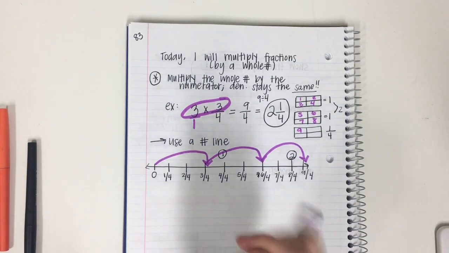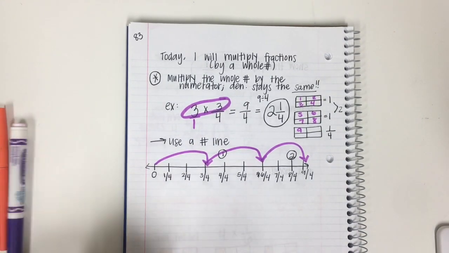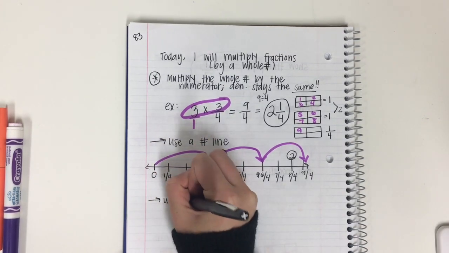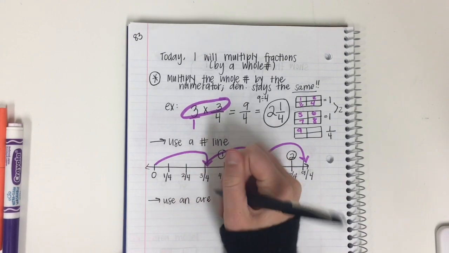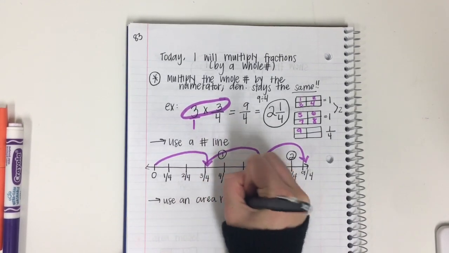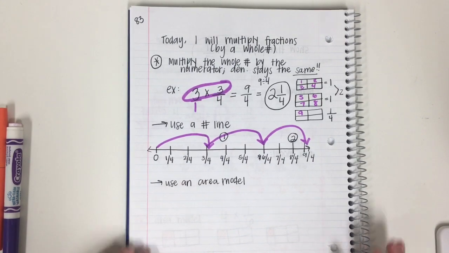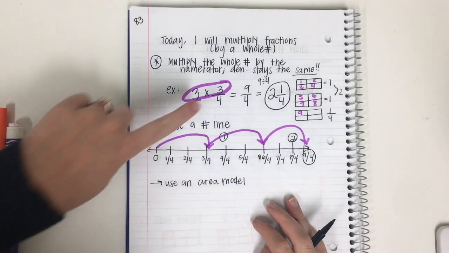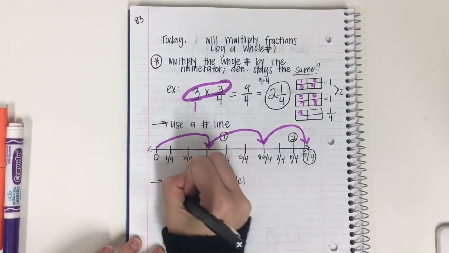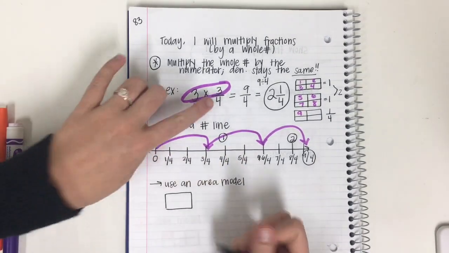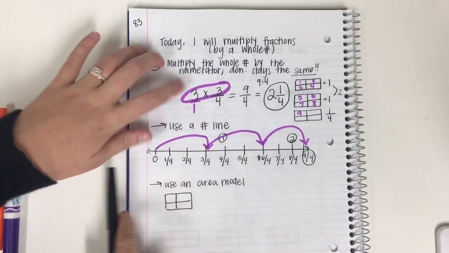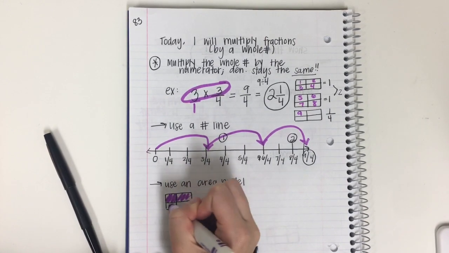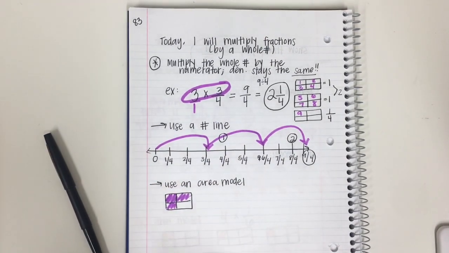Okay, now let's do an area model. So let's use an area model. Okay, so our 3/4 is the area model that we have. So it's broken into 4 parts. How many are shaded? 3. So this area model shows 3/4 times 1.